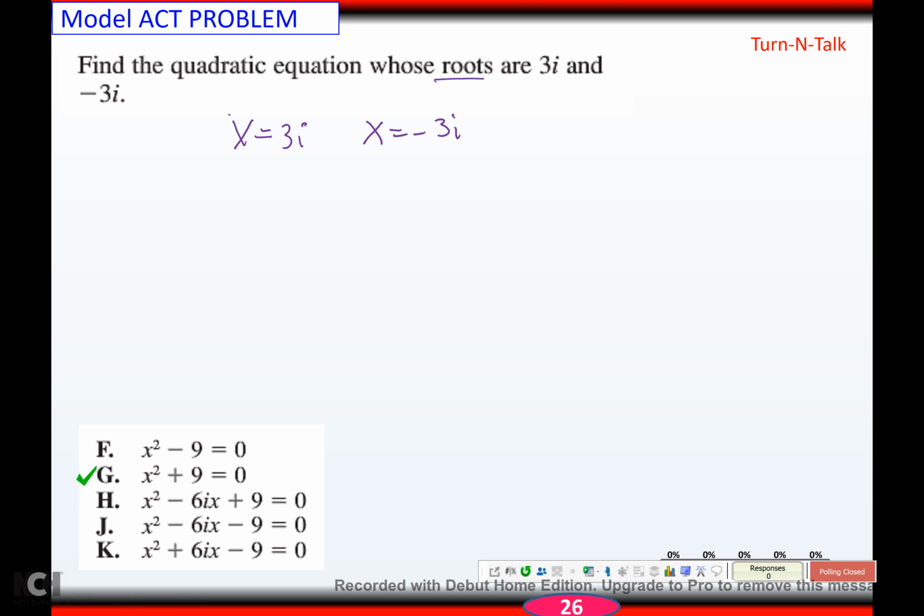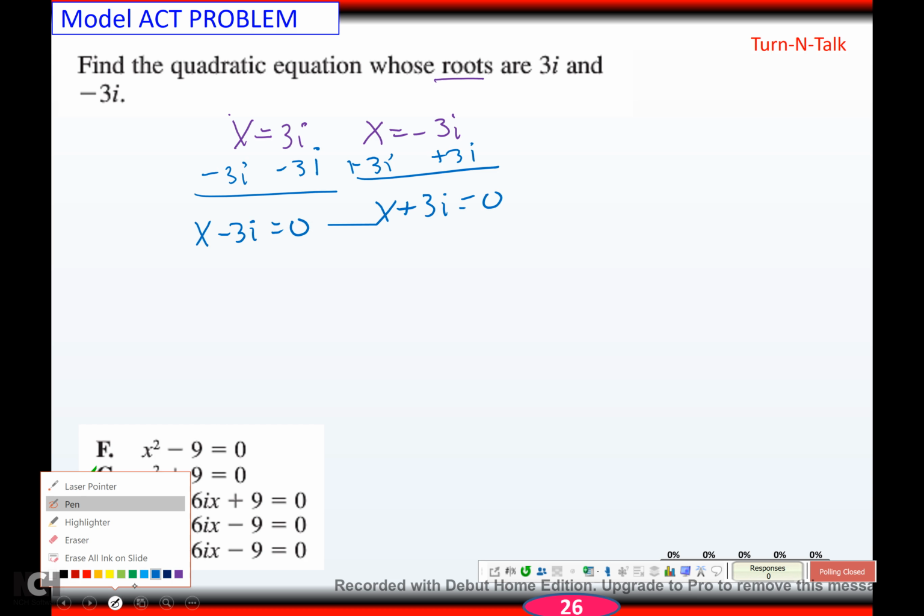You're kind of going backwards. You have the answers and they basically want the equation that factored into that. Well, if you back up and we go backwards, before we knew what x was, these were on the other side. So minus 3i. This would be x minus 3i equals 0. Add 3i. And this one would be x plus 3i equals 0.